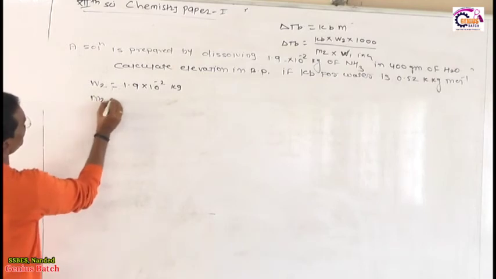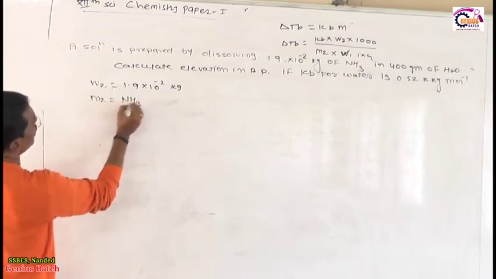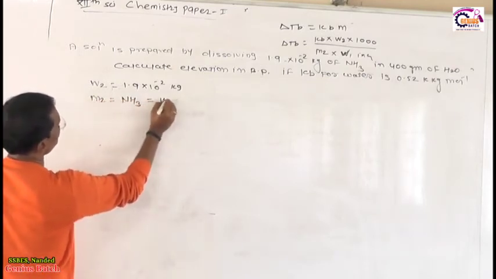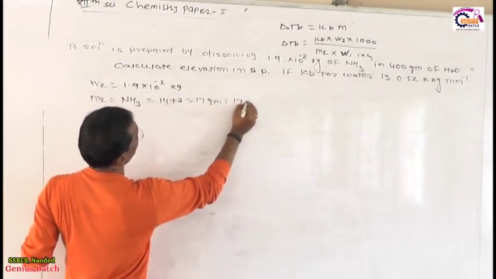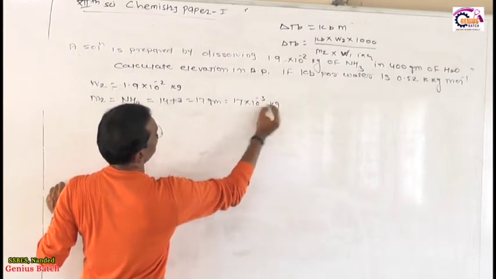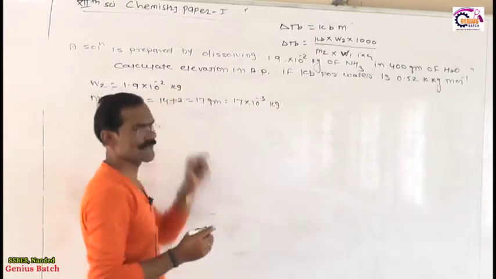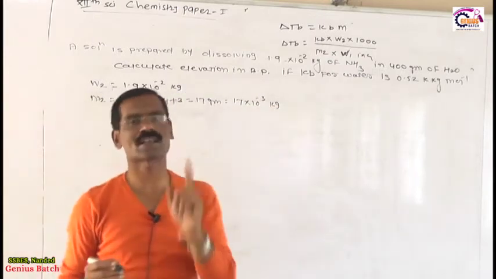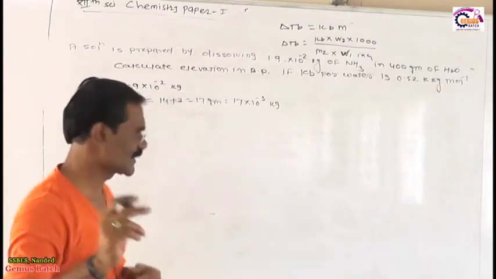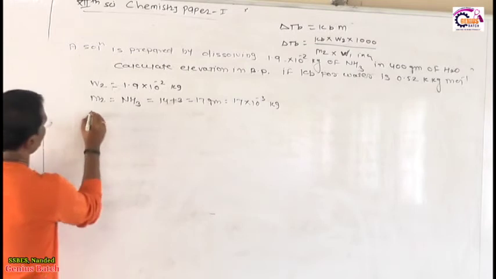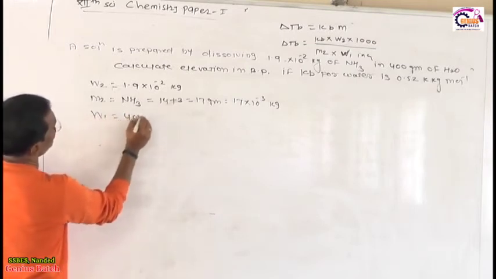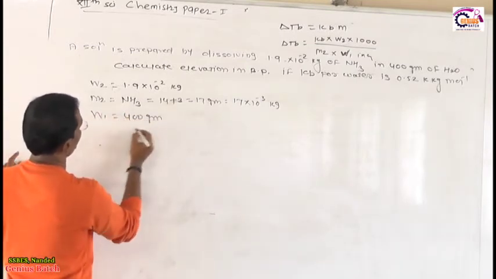Then what is the molar mass M2? You know this is ammonia. How to calculate the molar mass? Nitrogen 14 plus 3, that is 17 gram, which means 17 into 10 raised to minus 3 kilogram, because if the weight is given in kilogram, we consider the molar mass also in kilogram, to balance the units. For 400 gram of water, W1 is 400 gram.